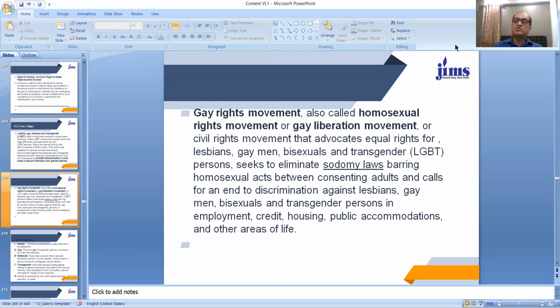It seeks to eliminate sodomy laws barring homosexual acts between consenting adults and calls for an end to discrimination against lesbian, gay men, bisexual and transgender persons in employment, credit, housing, public accommodations, and other areas of life.